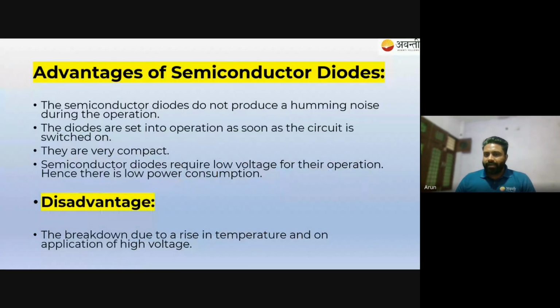Now, what are the advantages of semiconductor diodes? A semiconductor diode has very many advantages in the electronic systems that we use today. The very first advantage is that it will not produce a very significant sound while operating. You have seen other mechanical machines that produce a large amount of sound, unbearable sometimes.